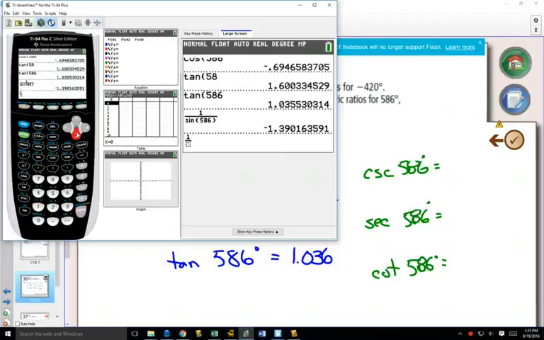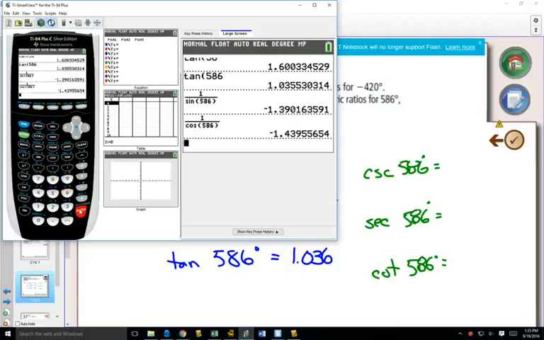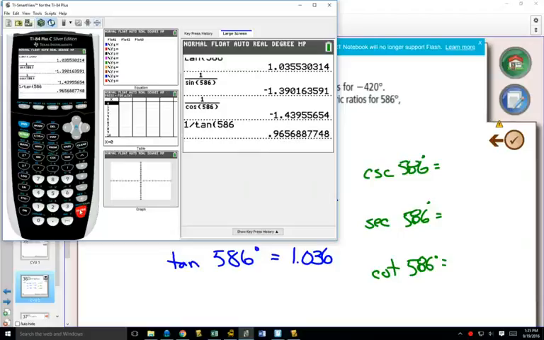1 divided by cos of 586. And we get secant. You could have also done 1 divided by tan 586, and it would work as well.